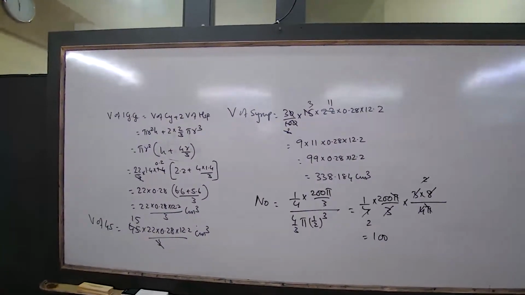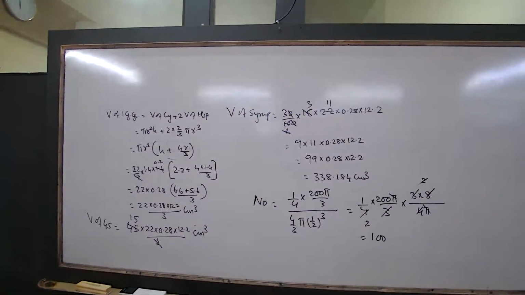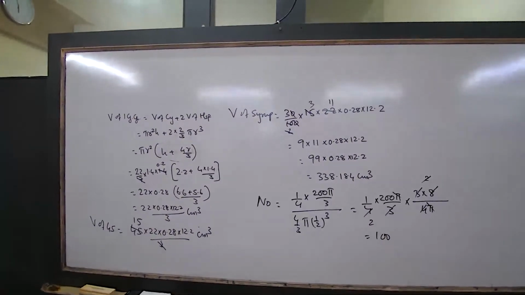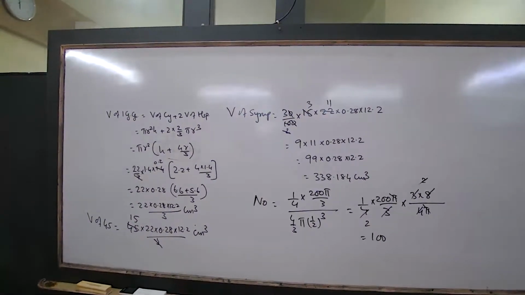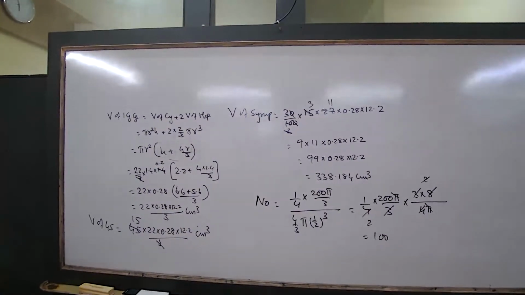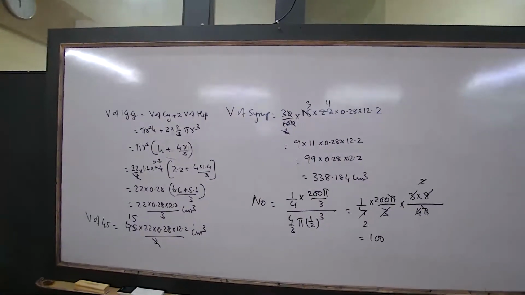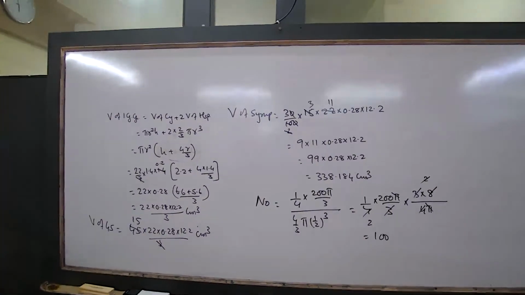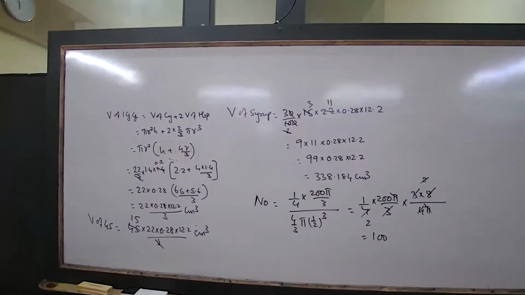Okay. Next, for the half cylinder, R is equal to 7 by 2 meter and H1 is equal to 15 meter. H1, because the height is different now.